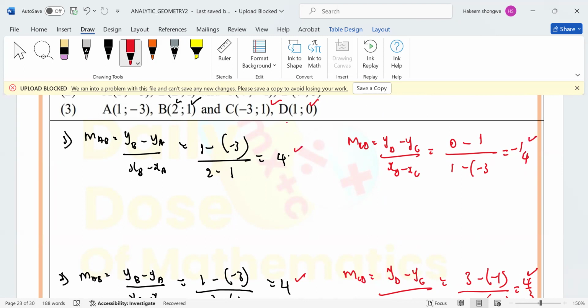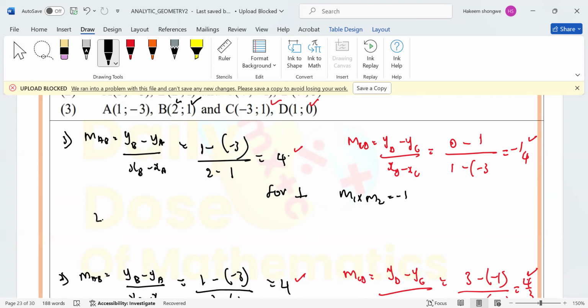Now, I want you to notice how I prove this. I'm telling them first that for perpendicular lines, if the lines are perpendicular, this is what I would see: M1 multiplied by M2 is going to be equal to minus 1. I'm not sure these lines are perpendicular, but I'm going to say if they are perpendicular, this is what I'm going to see.